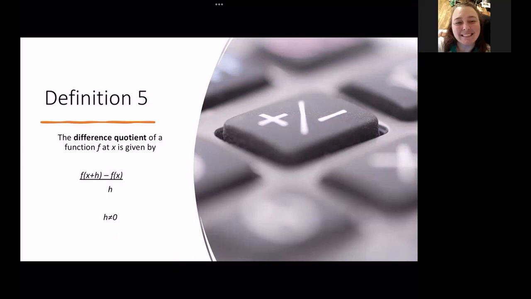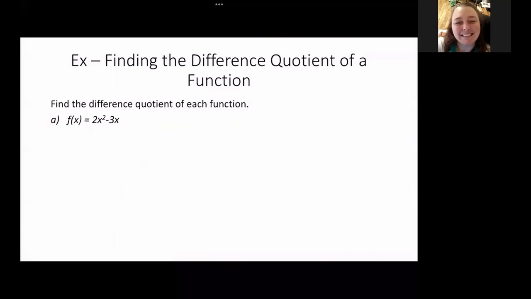Now, it's going to be a little bit easier to go ahead and just do an example, and you'll see what I mean. But we have to remember f of x plus h minus f of x over h. So find the difference quotient of each function. Our first function is going to be 2x squared minus 3x. So the first thing we do is we take our difference quotient function here.